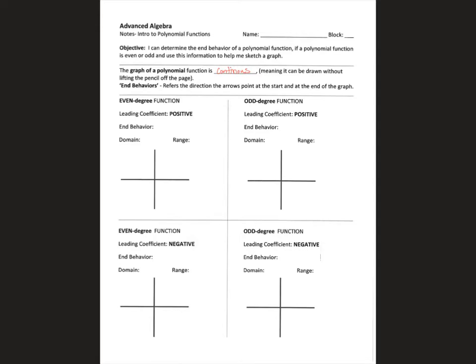Okay, so for example, if you had x to the fourth plus x squared minus 3, right, that would be an even degree polynomial because the highest exponent is the degree, and that degree happens to be even, okay? Now, the next thing, it says the leading coefficient is positive. So in this case, obviously, the leading coefficient here is positive.